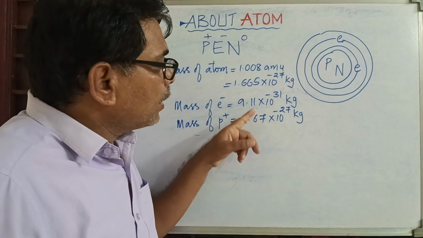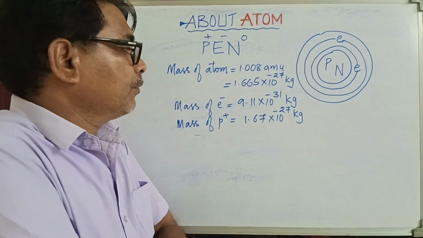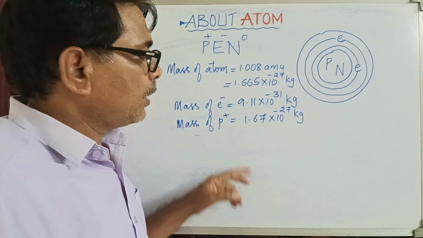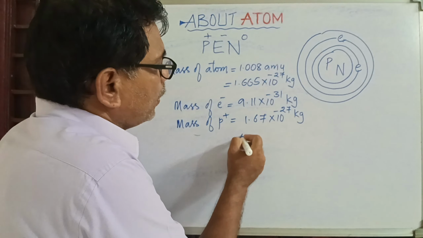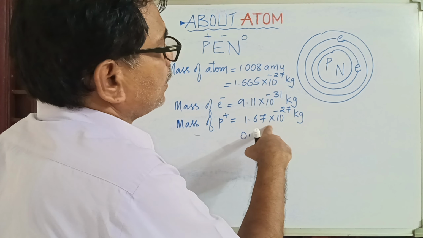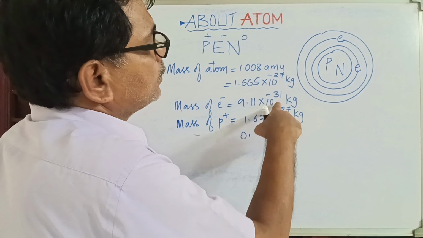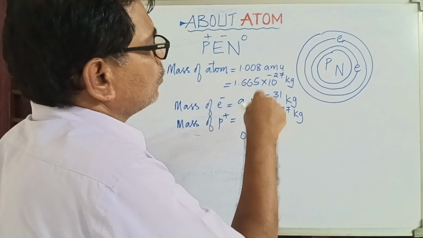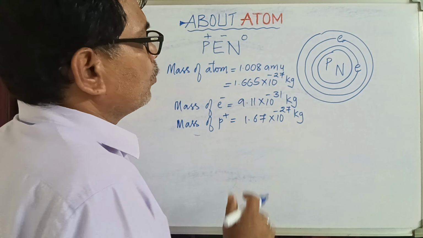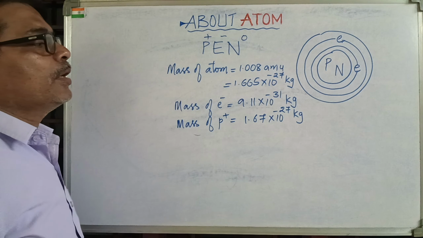So the proton is a bit heavier than the electron, because this is minus 27. That means after 0 point, you will have 26 zeros, then the number starts. After 30 zeros you get the electron's value. So the electron is very minute, but the proton is somewhat okay.